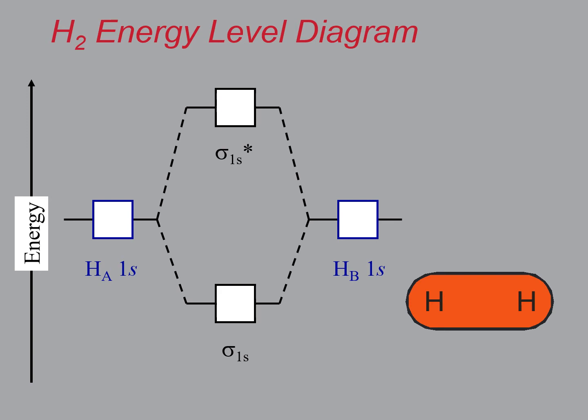So this configuration is basically going to be a 1s from hydrogen A minus the 1s from hydrogen B. All you need to know is the relative shapes of these orbitals, which part is negative, which part is positive, and what's overlapping. It's pretty simple.